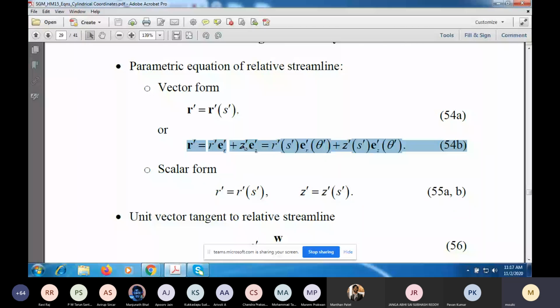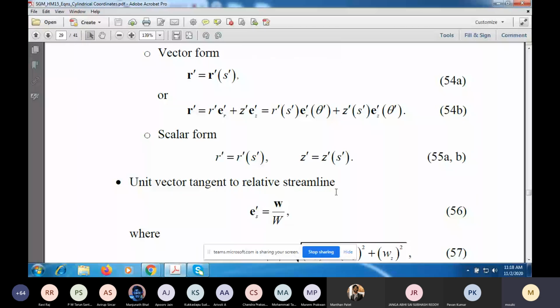So this equation, the parametric equation, where the parameter in the equation is s prime, I can write as two equivalent scalar equations: the radial coordinate r prime is some function of s prime, and the axial coordinate z prime is another function of s prime.